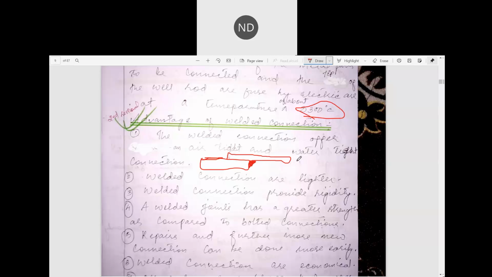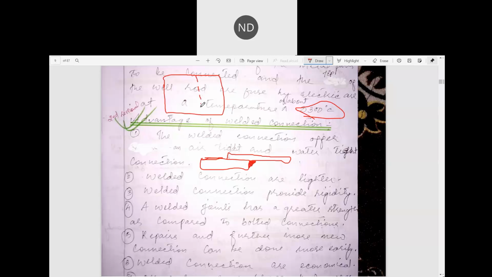That means if I'm talking about this plate, this is the side view.